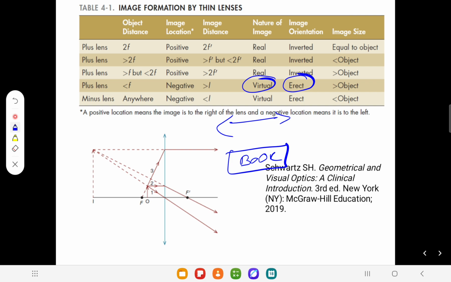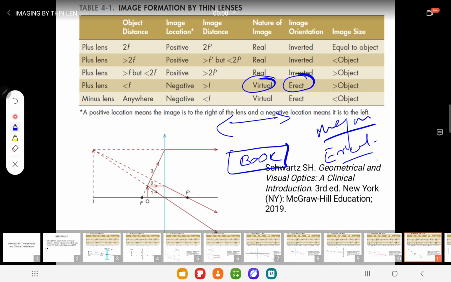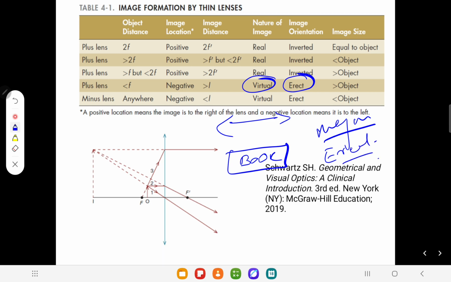Because we want a magnified image for our patient. At the same time we want an erect image for the patient. So that's why in a stand magnifier, the height of the stand must be smaller than the focal length of that magnifier. Okay, that's the clinical correlation of a stand magnifier.